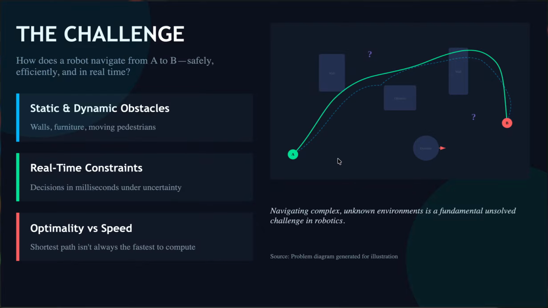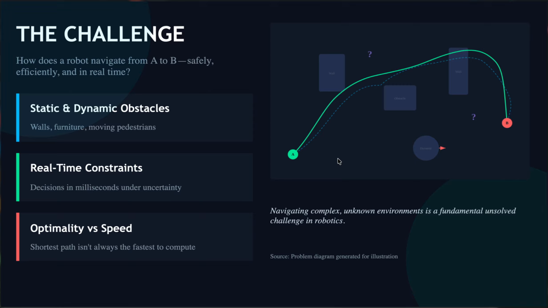So first of all, here's a challenge. We need to understand how a robot navigates from point A to point B while looking for safety, trying to be as efficient as possible, and updating the route in real time. To do that, we will be comparing the algorithms with static and dynamic obstacles.